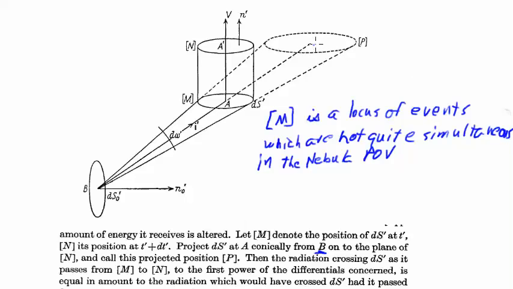So does this event go to t prime plus dt prime as the projection of A to P, and then the other events go parallel to this in space-time? I'm a little confused by that, but so, project ds prime at A conically from B. So we create a cone that extends with point B onto the plane of N and call this projected position P.